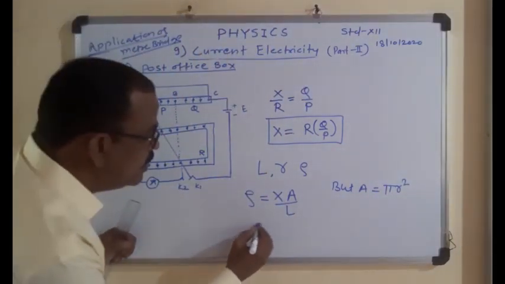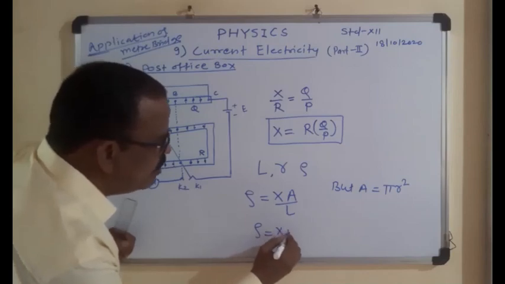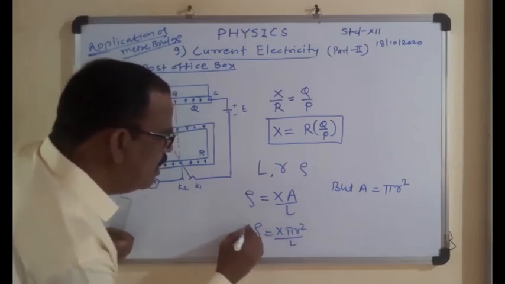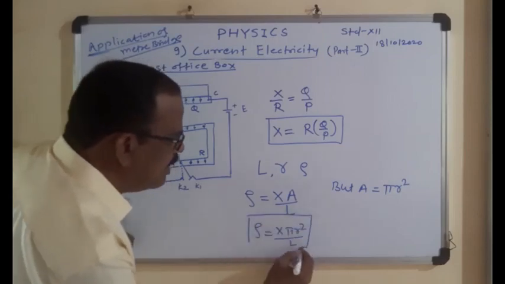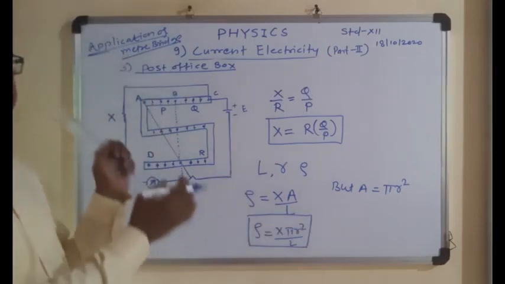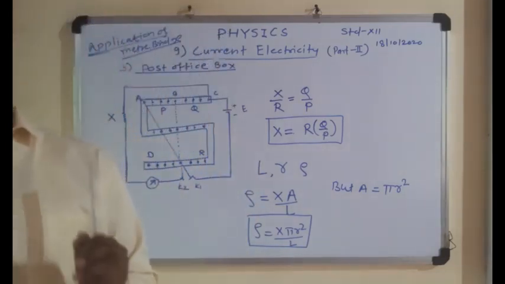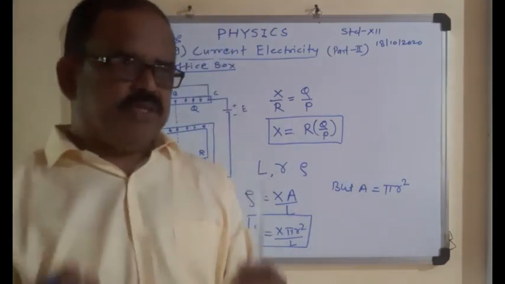Therefore, rho is equal to X into pi r square divided by L. With the help of this, we can determine the specific resistance of the wire connected in the circuit. Okay, today we stop here.